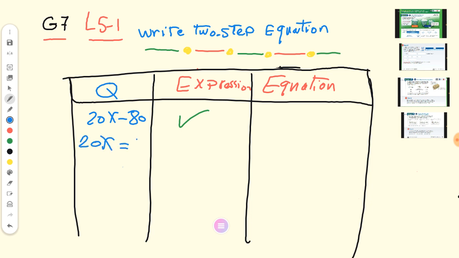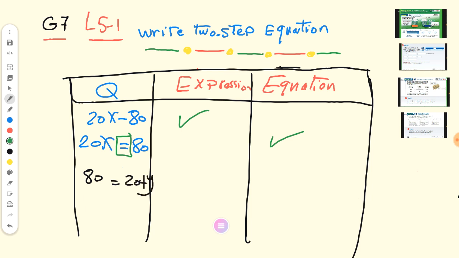What about 20x equals 80? Here it's an equation because it has the equal sign. I have a left-hand side and a right-hand side which are equal to each other. What about this one? 80 equals 20 plus y.